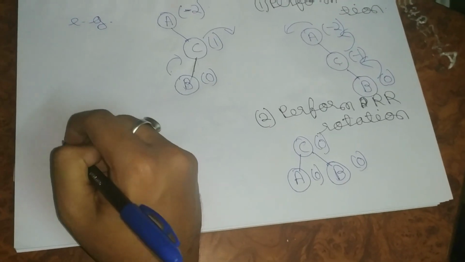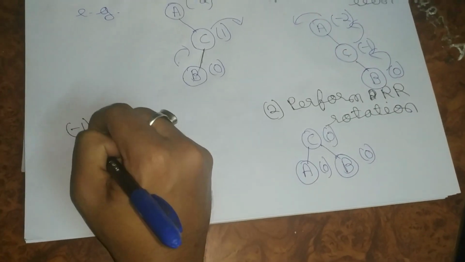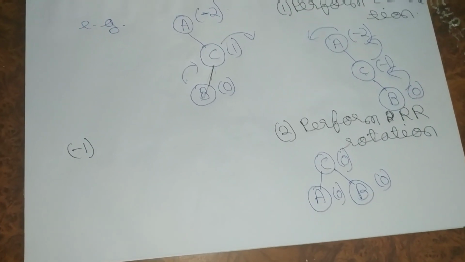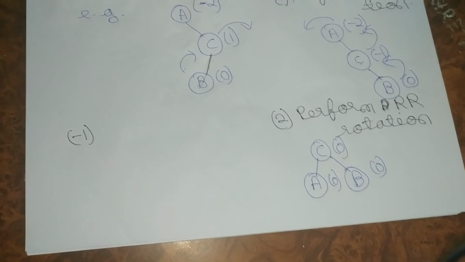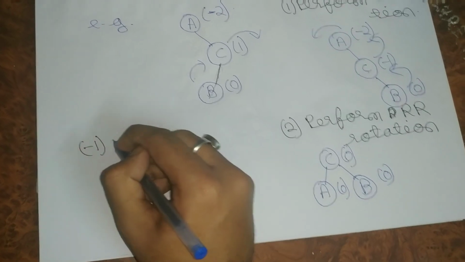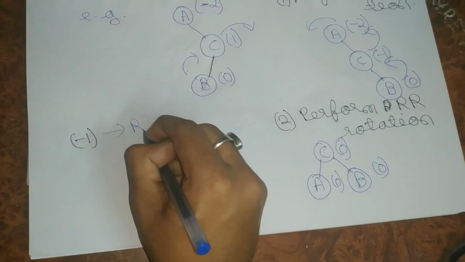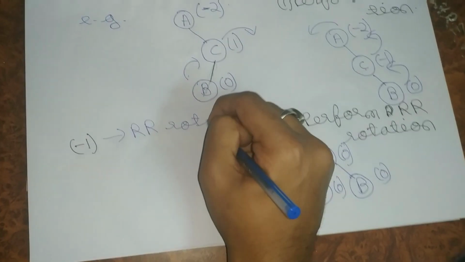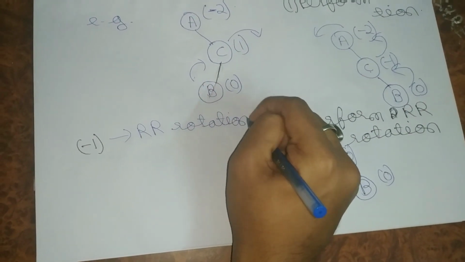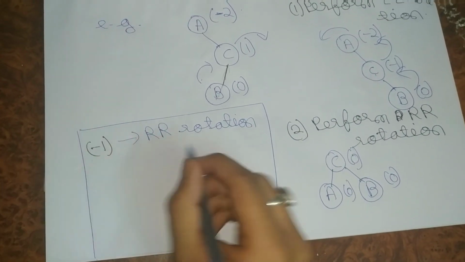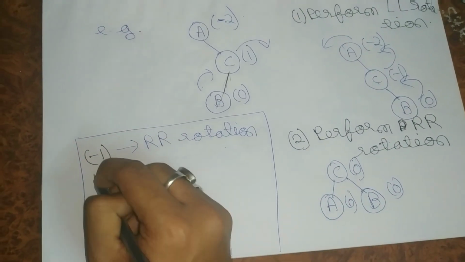So remember one thing, in the majority of cases, if the balance factor is -1, then we will perform RR rotation. So you have to remember this point. If the balance factor is -1, then we will perform RR rotation.